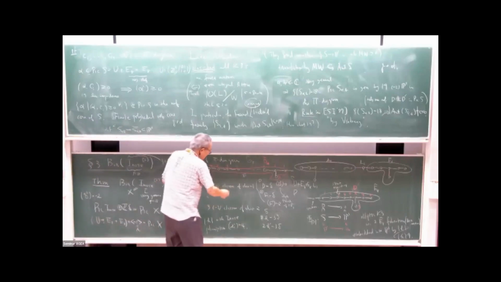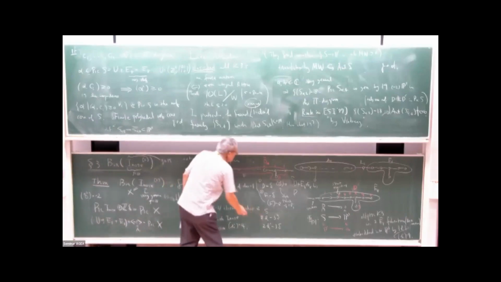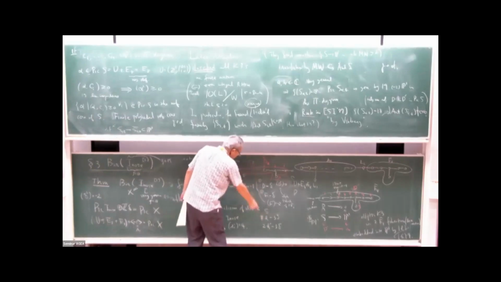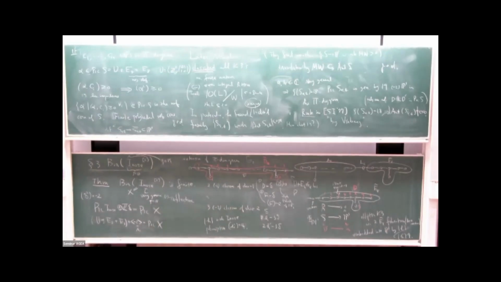And H prime is just H moved by the S2 symmetry. Then you get 2H minus 3 delta and 2H prime minus 3 delta.